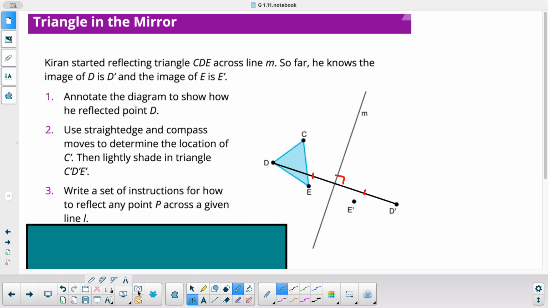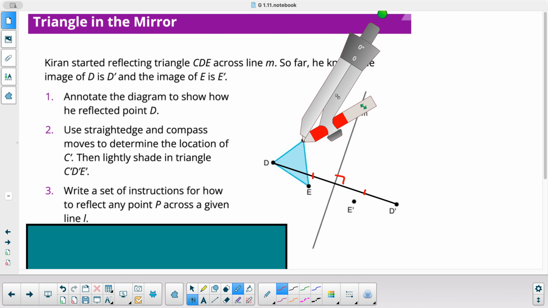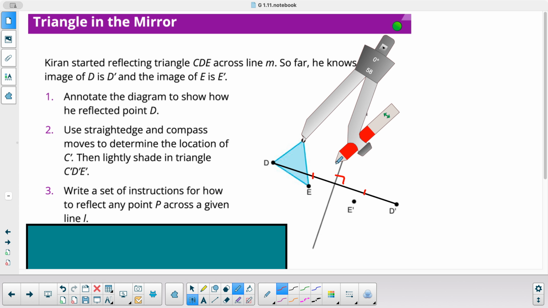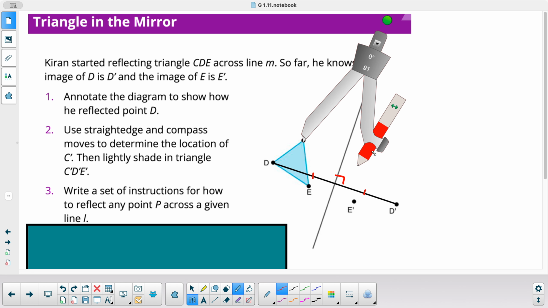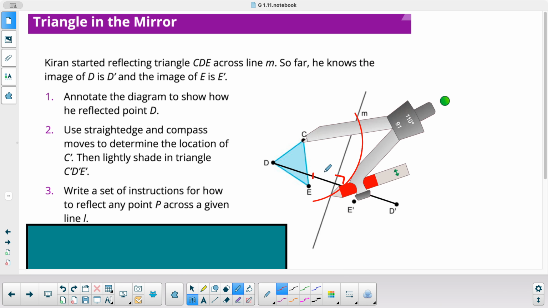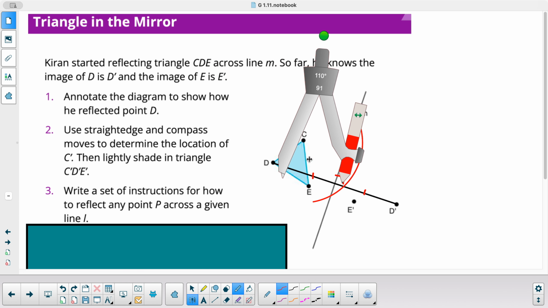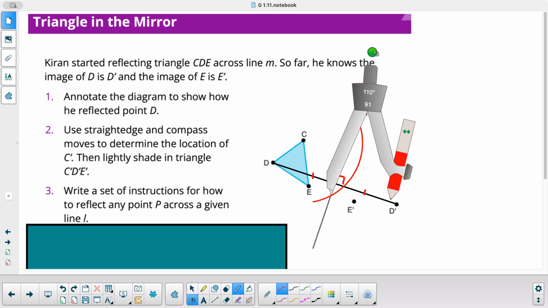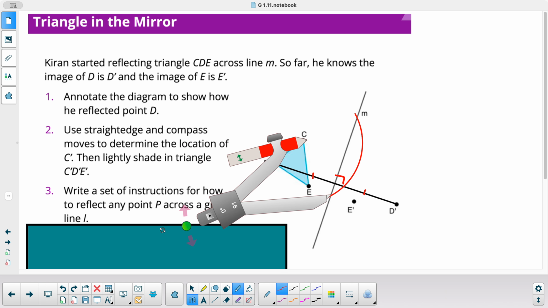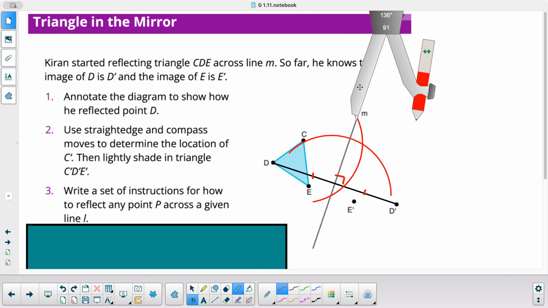So let's do it. So I'm going to open it up. Oh, that's not big enough. I'm going to make it bigger. Okay, once I find those points, then I put right at that little intersection point, same length right there, and then here.